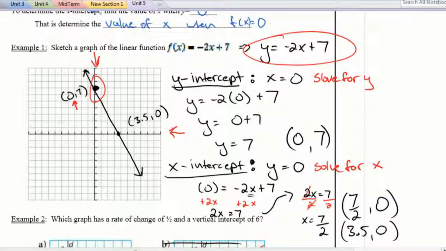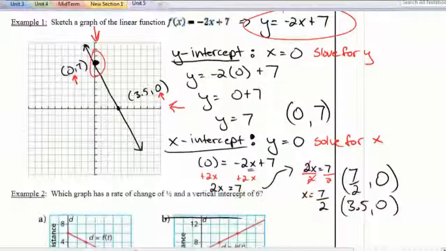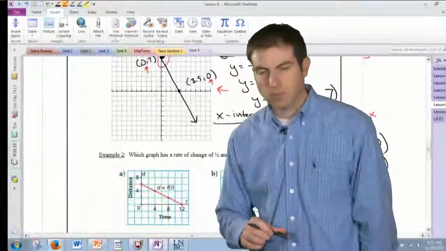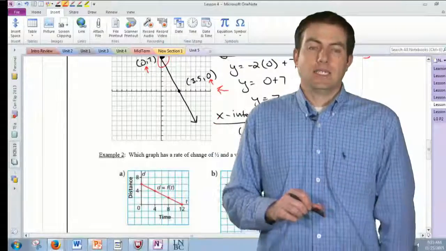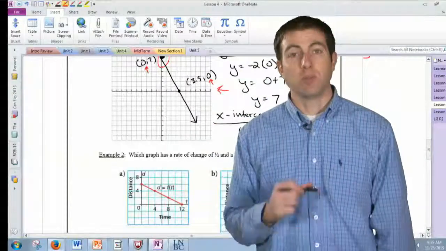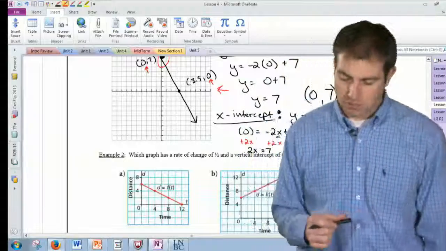And when it crosses the horizontal axis, my y value is 0. So I've substituted in 0 there, 0 there. I solve, and I end up with this line. There's a bunch of questions similar to this in the learning guide, so you'll have some time to go over those.